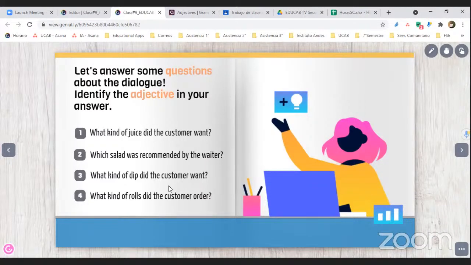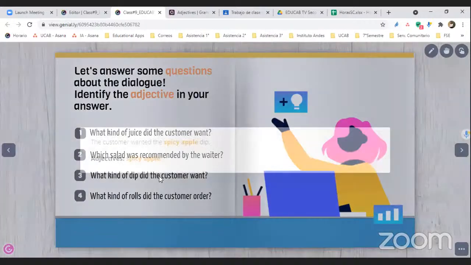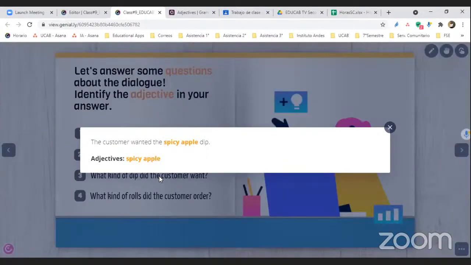Okay, teacher Yolanda is helping us out. What kind of dip? A spicy apple dip. Good. Thank you, teacher Yolanda. The customer wanted the spicy apple dip. The adjectives were spicy and apple because they were describing what type of dip it was.